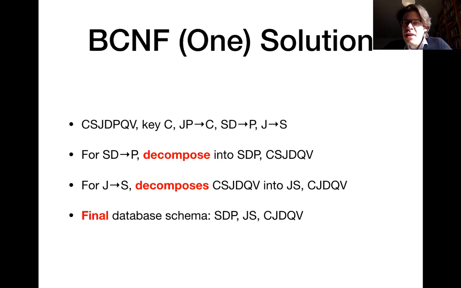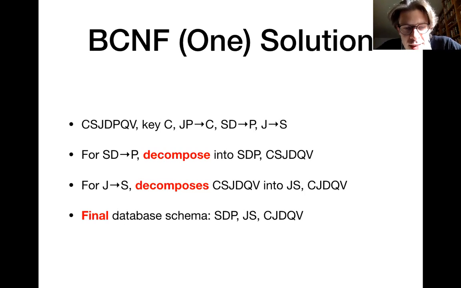After the decomposition, we essentially go through all of the functional dependencies again, and now we have taken care of the first few, but the last one, J implies S, is still not okay. This is why we decompose things further.